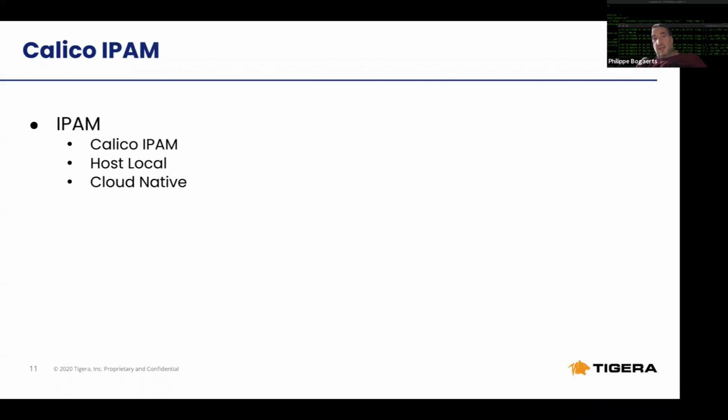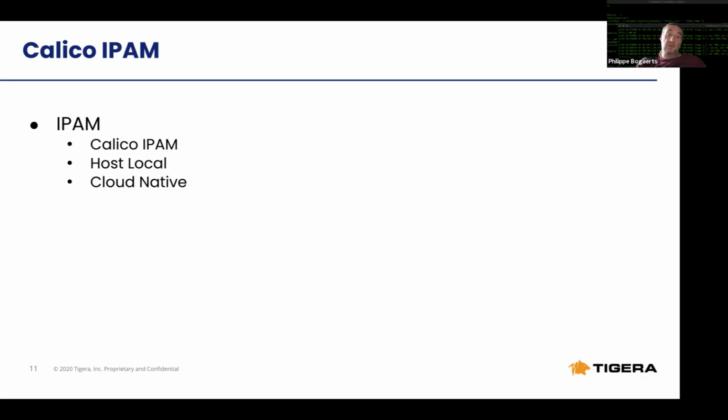Now, besides the networking options and, of course, the network security policies, a very important part that makes up Calico is also the IPAM, or the IP address management. Again, there are a multitude of ways to do that.